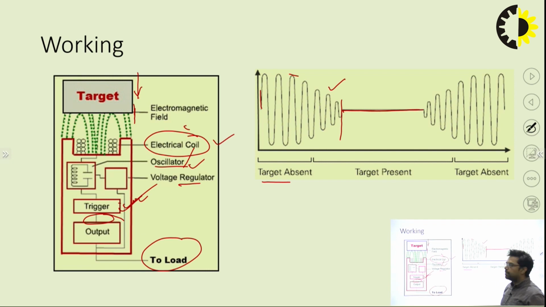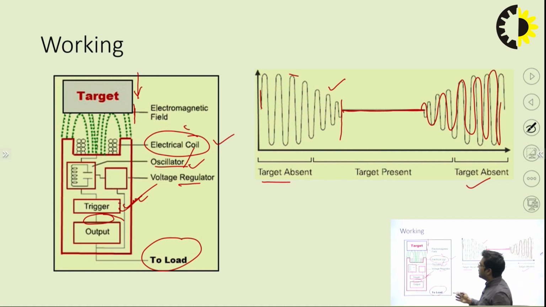This waveform is shown as a straight line while the target is present. If the target goes away again, the waveform becomes wider. So based upon whether the target comes near the sensor, its operation changes, and that is passed to the load with the help of the trigger circuit.